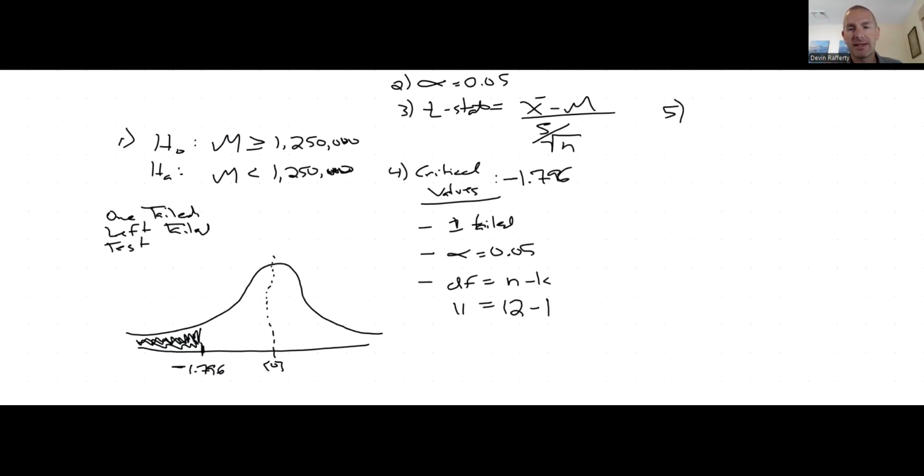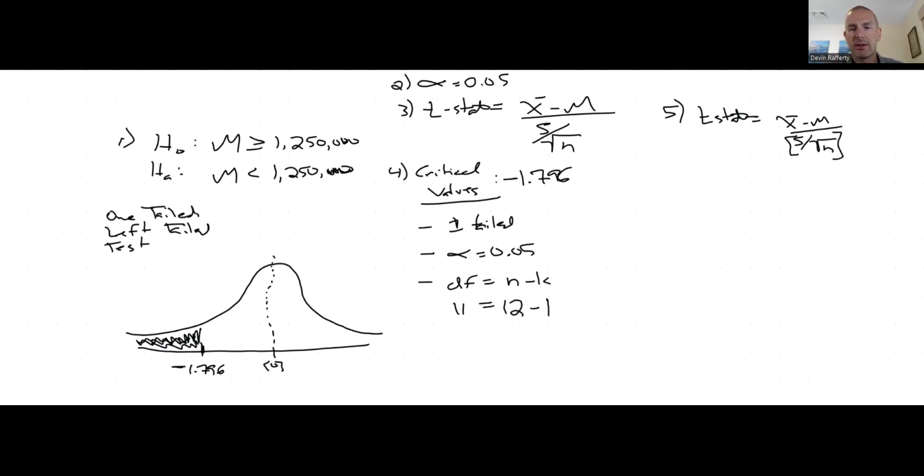So my test statistic is going to be equal to X bar, right? Minus mu over S divided by the square root of N. Okay. If we want, we could put this in brackets too. No big deal.